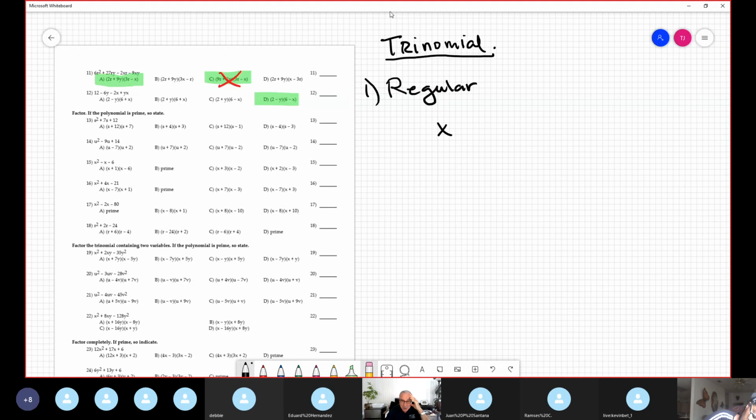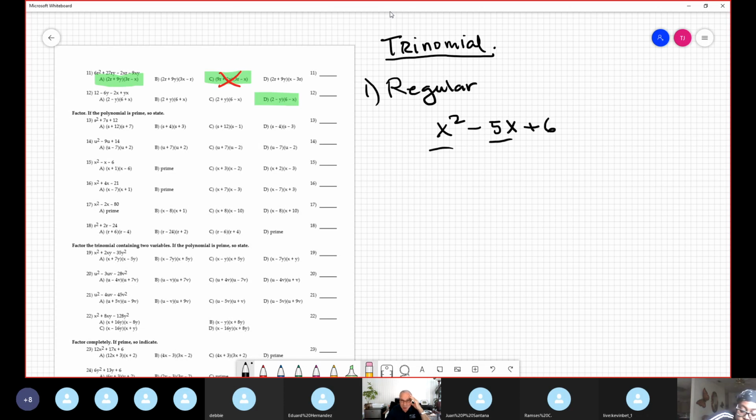Regular is, for example, x squared plus 4x plus 4. Suppose x squared minus 5x plus 6, something like that.